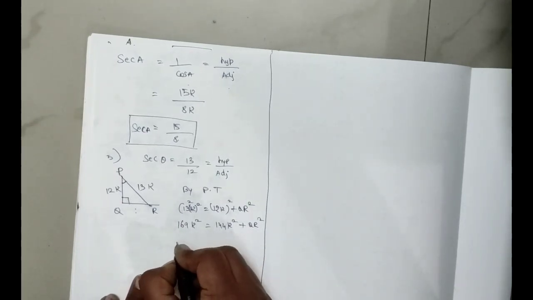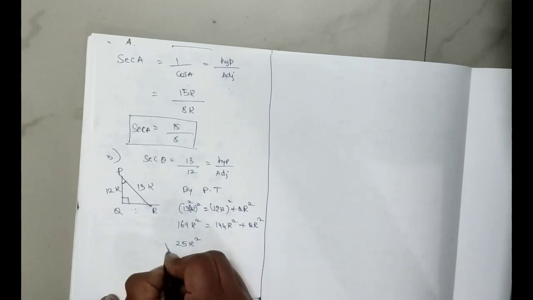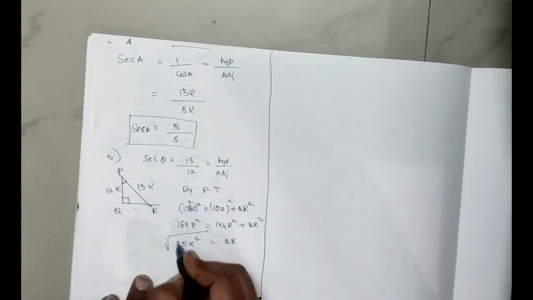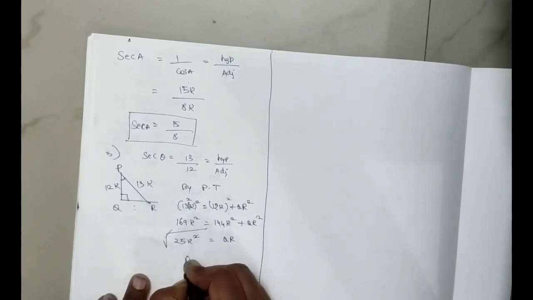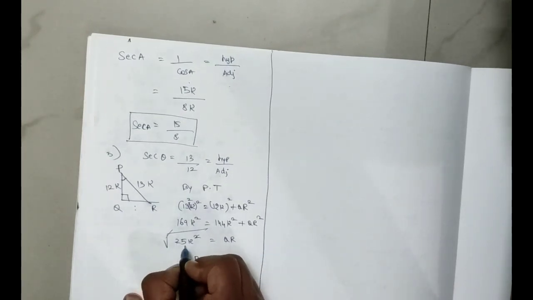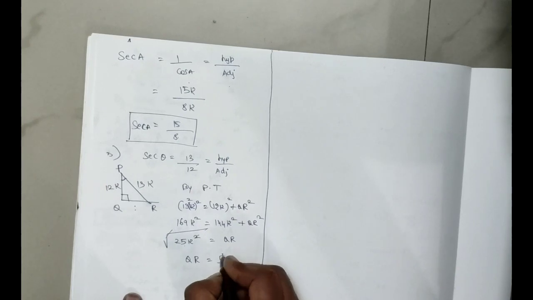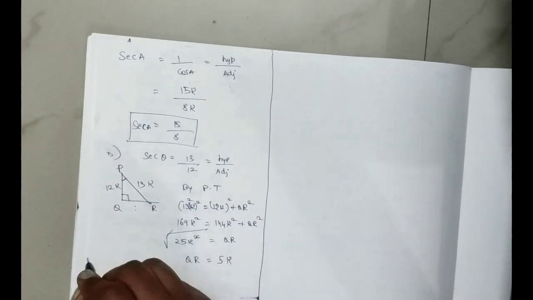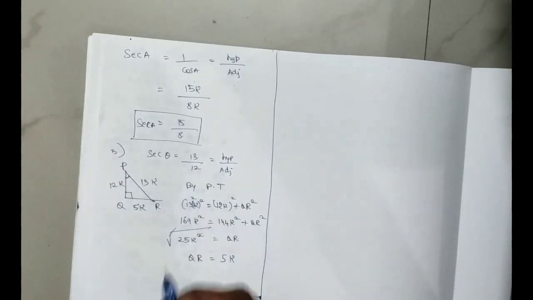When we subtract these two, we'll get 25K square equals QR square. Root and square can cancel. So QR is going to be, when 25 comes out of root, it is going to be 5. 5 into 5 is 25. So 5K. We got this as 5K.